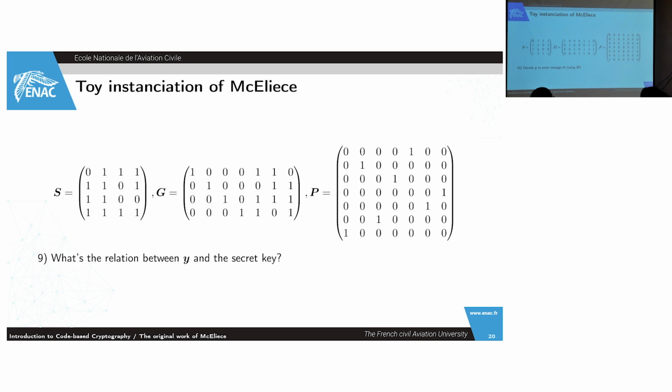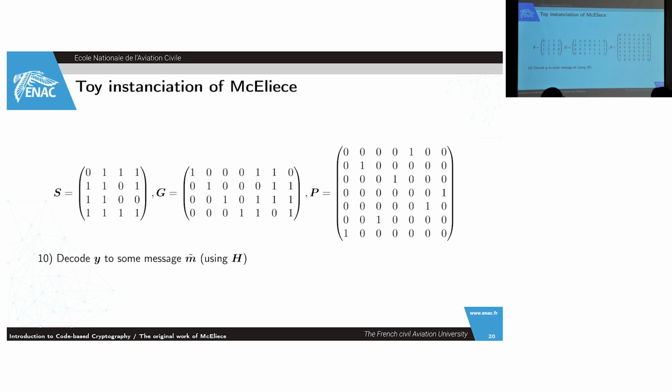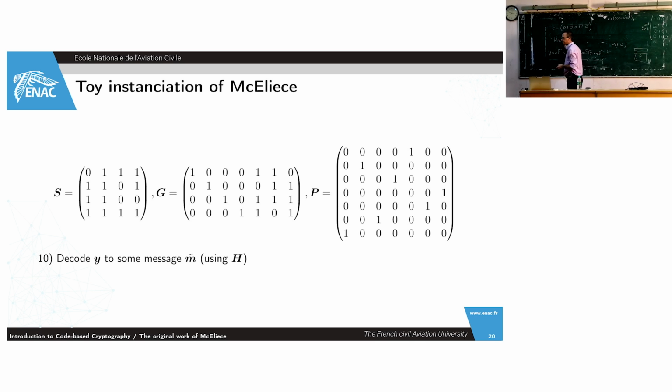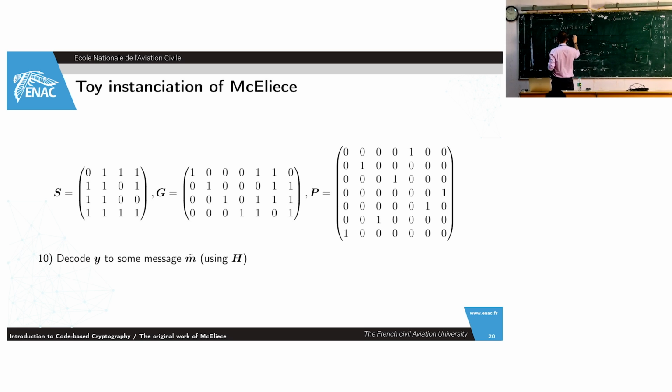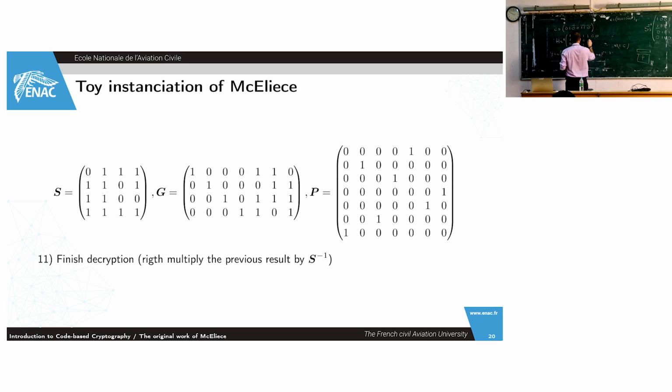So H is going to be 110, 011, 111, thank you, 101. Okay, and identity.